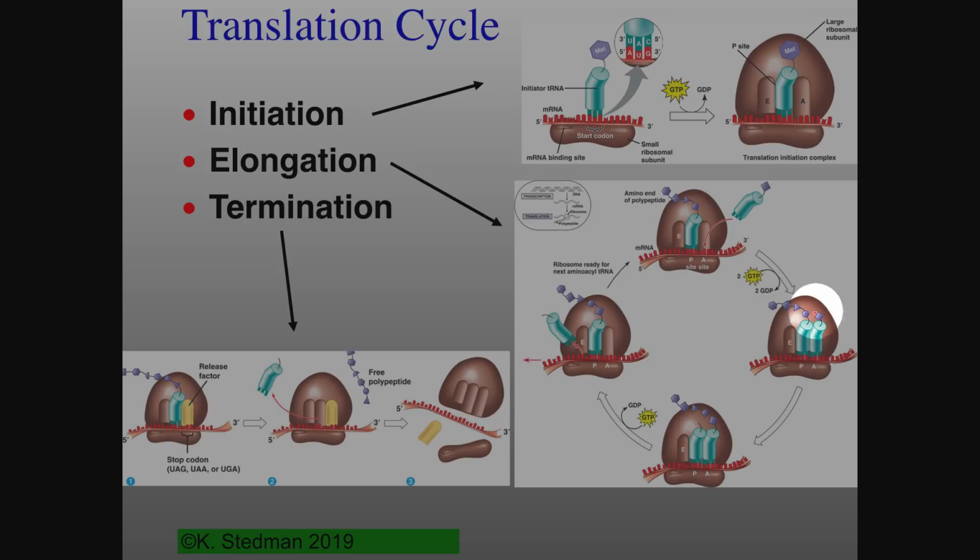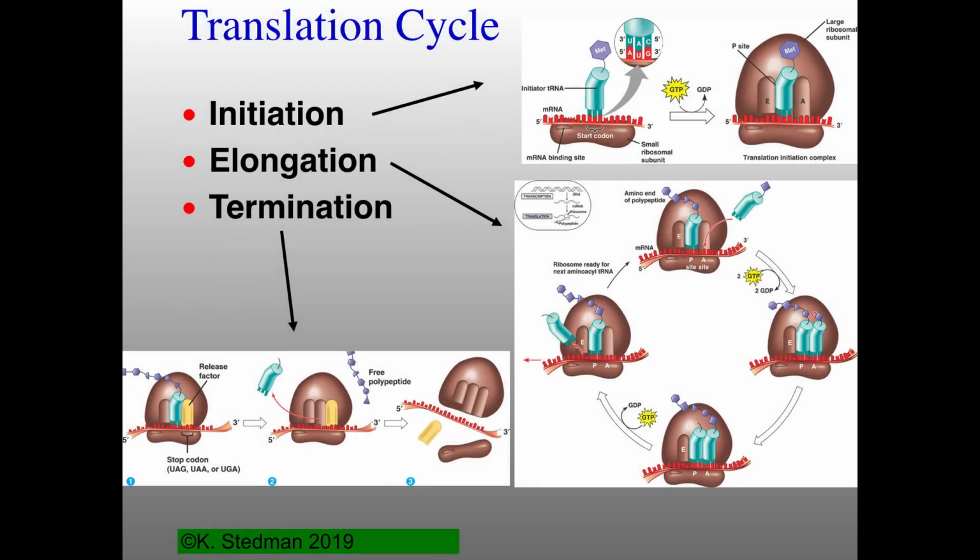You have transpeptidation, then the ribosome translocates. You get a new tRNA, et cetera, until you get to a stop codon, strangely written over here. We then have a release factor that associates with these codons that don't have tRNAs that match them, and that leads to dissociation of the ribosome.